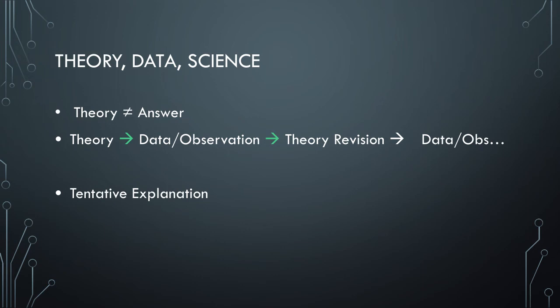So maybe we need to go back and revise our theory. Maybe it doesn't really explain everything. And this is the scientific process. Theories are these tentative explanations that we go out, we gather data, we literally sometimes observe or look. Sometimes we ask people questions or send them surveys. The point is that we need to get data to either confirm or disprove it.